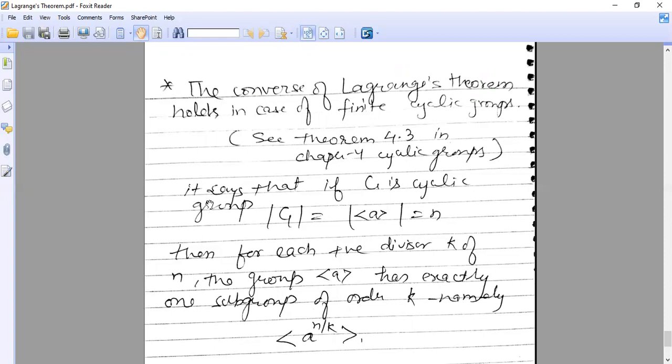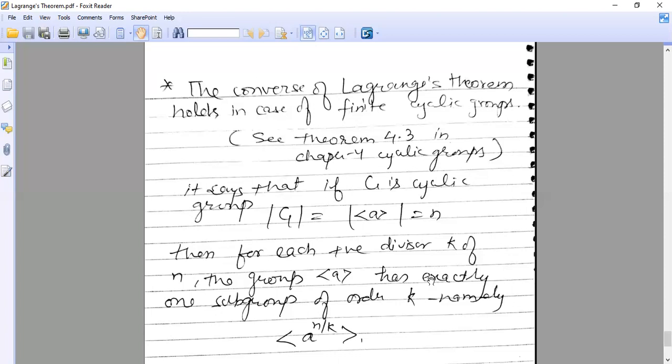The theorem says that if G is a cyclic group, that means it will be generated by some element a, and the order of G is equal to the order of the group generated by a. So basically G is equal to the group generated by a, and it is finite, so it has order n.